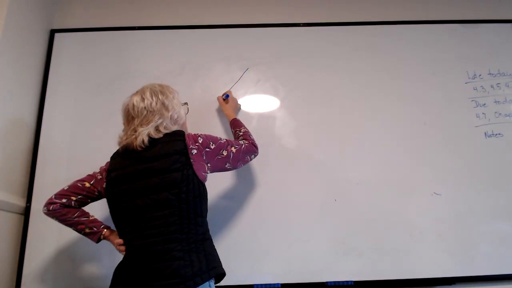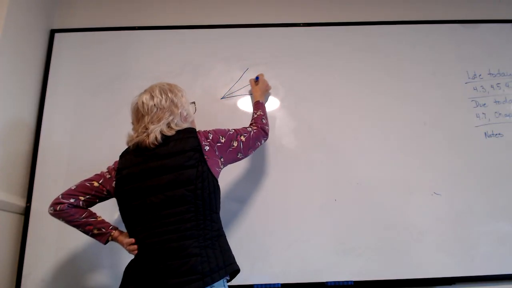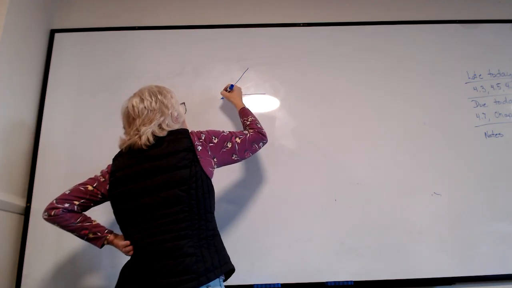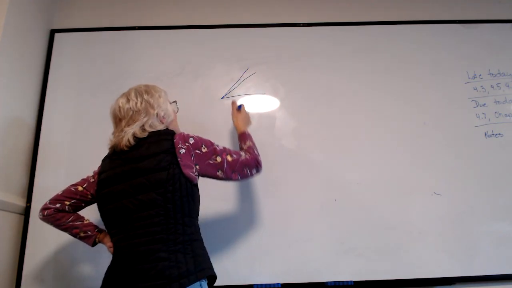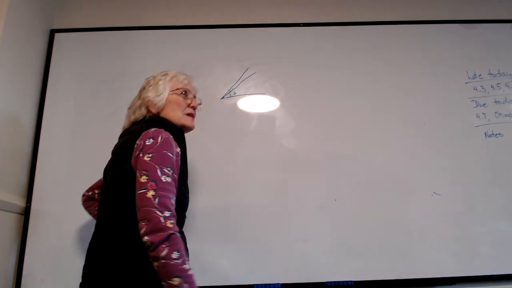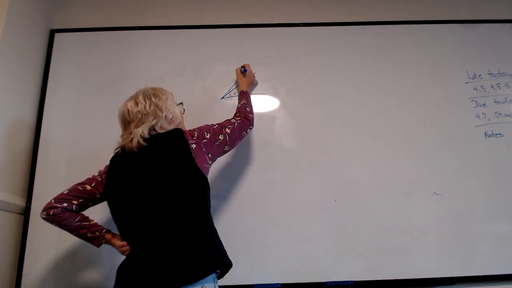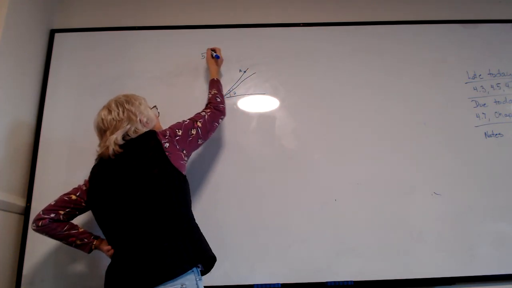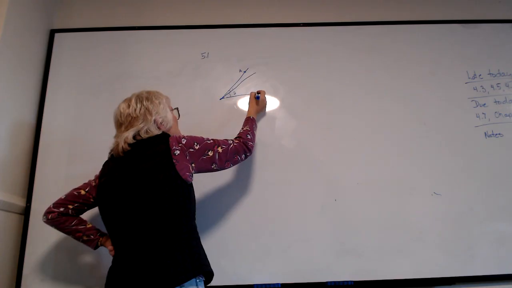Let's say I have two triangles. Okay, this is angle 1, this is angle 2. This is 5.6, and this is 5.1. I'm showing how we use this.